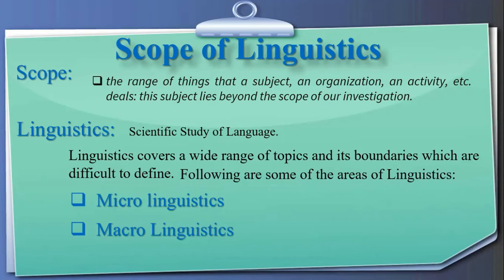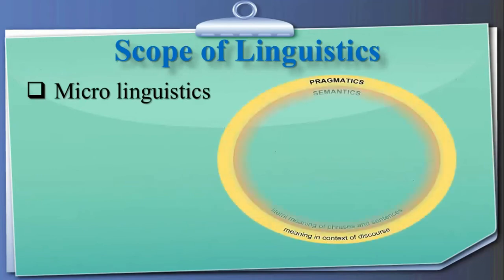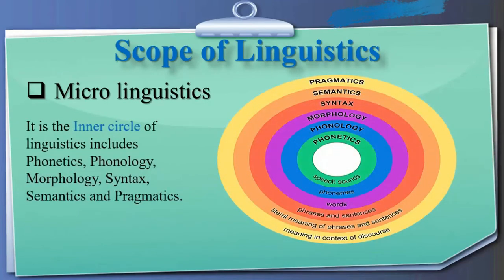So let's talk about these areas one by one, micro and macro-linguistics. Here we are talking about micro-linguistics. It is the inner circle of linguistics, and includes phonetics, phonology, morphology, syntax, semantics, and pragmatics. These are actually the areas we study in linguistics.